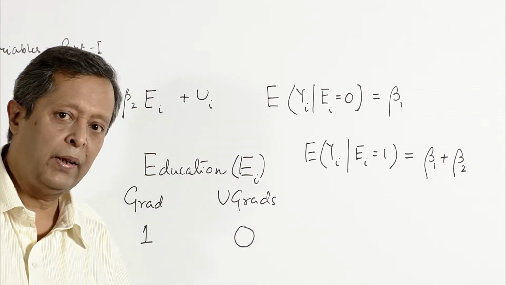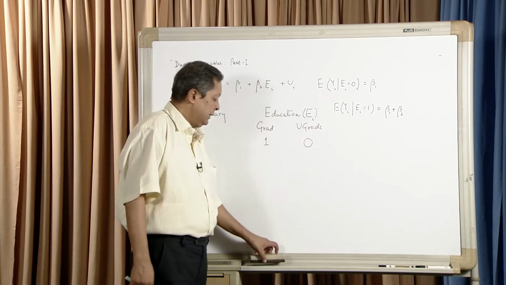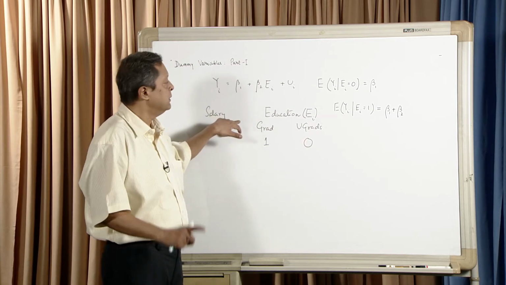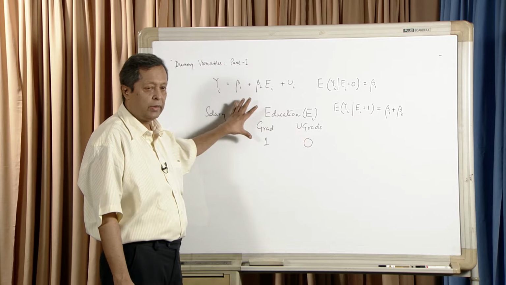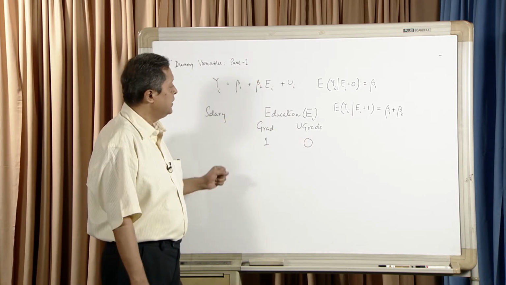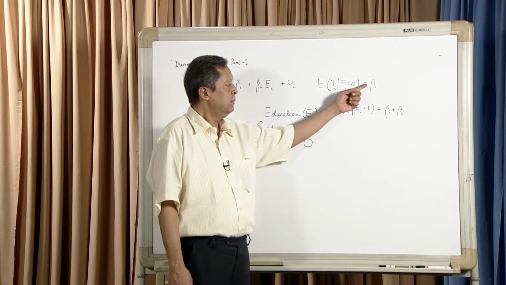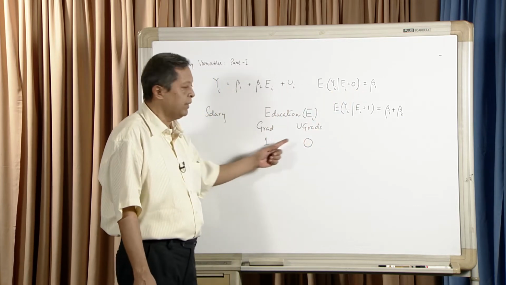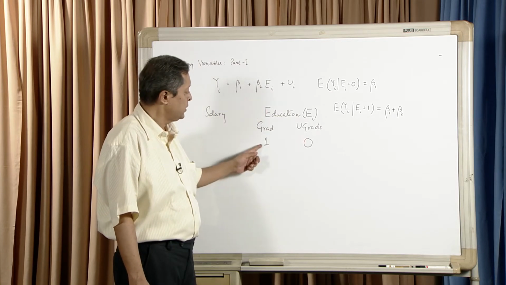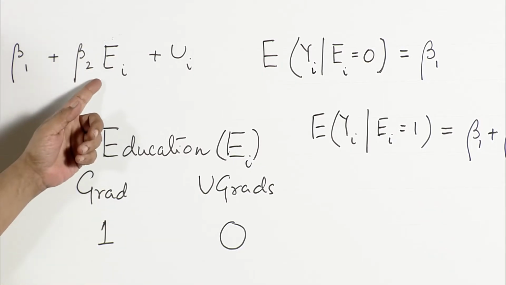One more thing that we have to keep in mind is, if, as in this case, we have one particular feature that we are trying to capture, that is, the effect of the education level, and if there are two possibilities, 1 and 0, then we keep one dummy variable. Two possibilities, we keep one dummy variable.